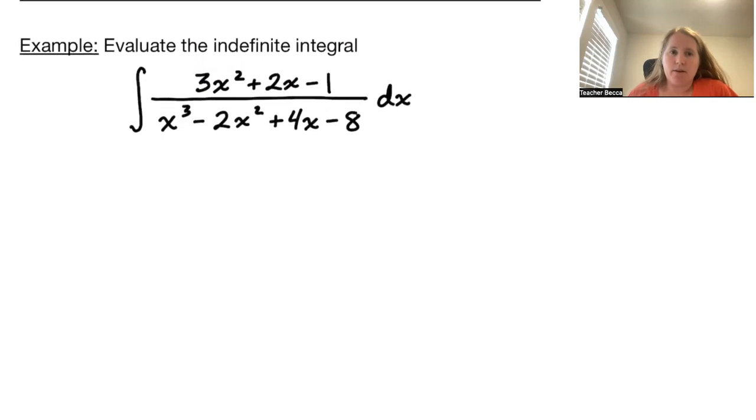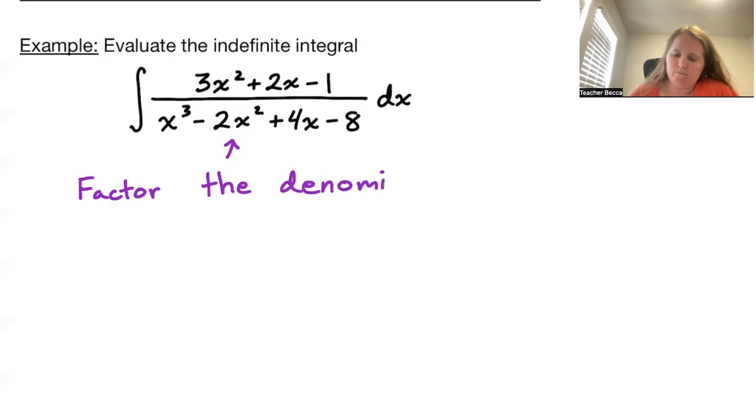So we wind up with here the denominator we can factor. So let's go ahead and factor the denominator. We have x cubed minus 2x squared plus 4x minus 8.